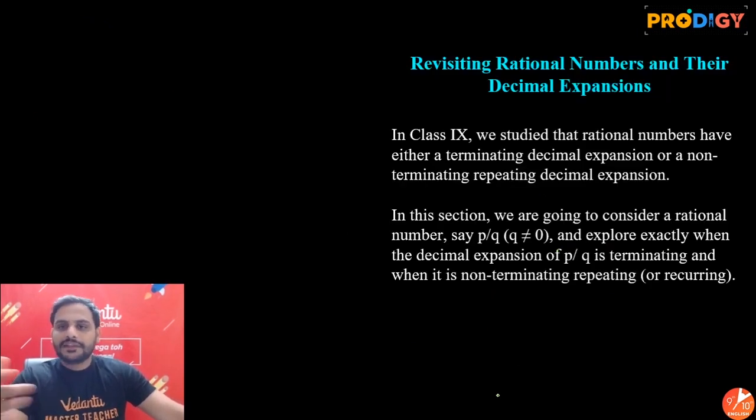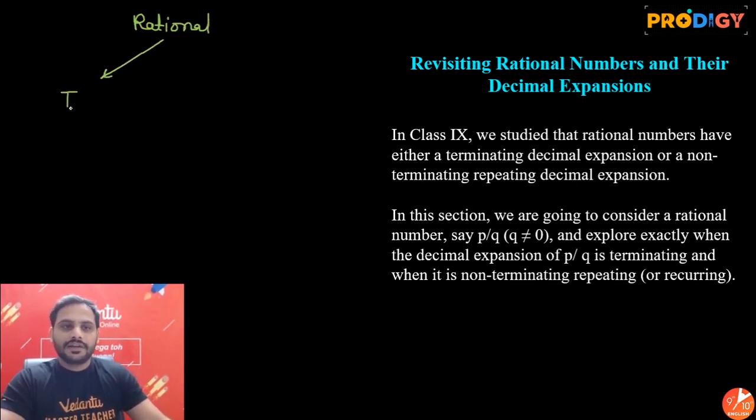Okay beta, then comes the next topic, decimal expansion of rational numbers. I have clearly told you that a rational number has two types of decimal expansion. One is terminating and the other is non-terminating and recurring.